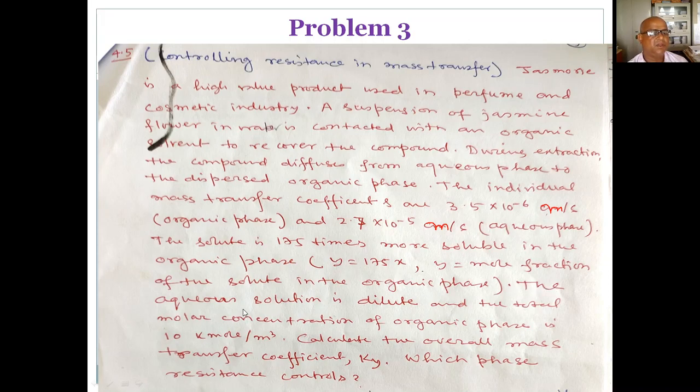The aqueous solution is dilute and the total molar concentration of the organic phase is 10 kmol per cubic meter. Calculate the overall mass transfer coefficient capital Ky. Which phase resistance controls? If a phase has more resistance, that phase is controlling.